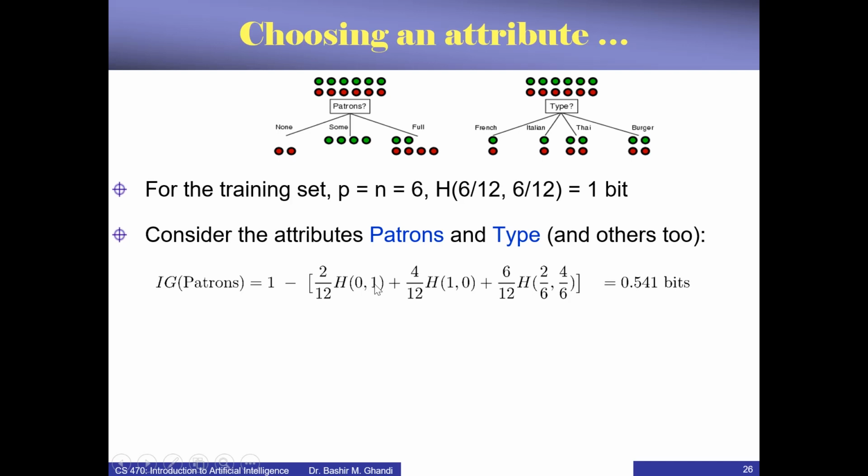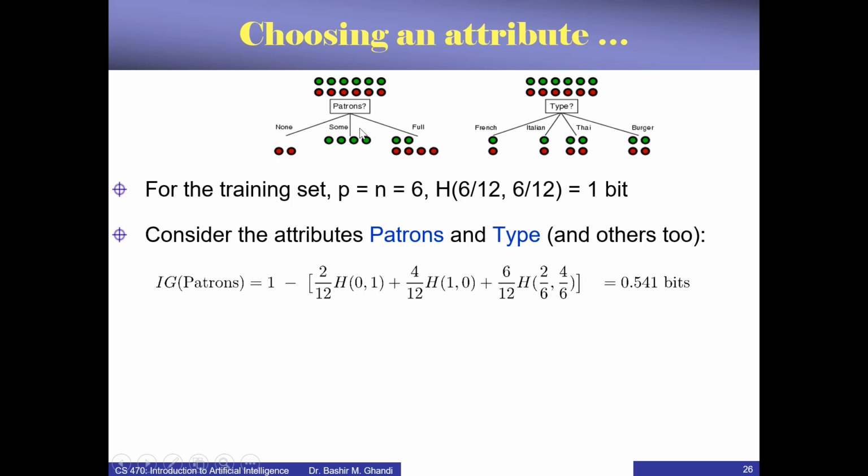It's completely negative. Remember we're going to weight these entropies according to the proportion of elements we have in each branch. So we have 2 out of the 12 for this particular branch. So 2 over 12 times the entropy of 0, 1. 0 because there are no positives in this group. They are all negative, so 0, 1.